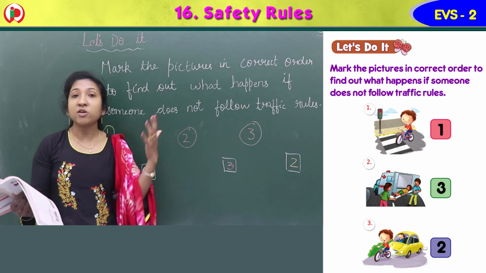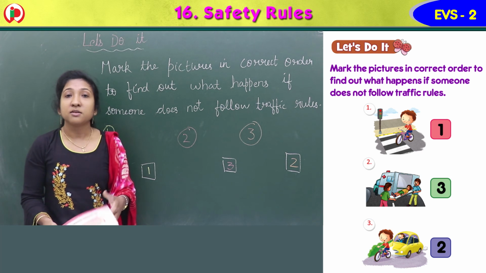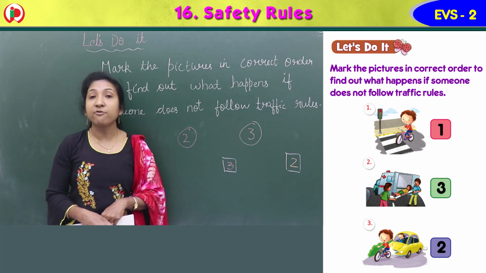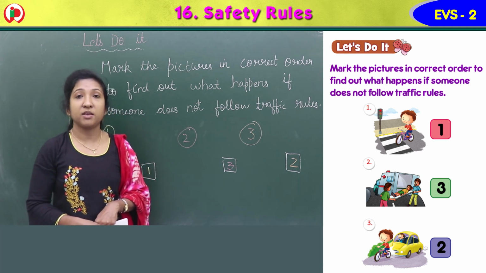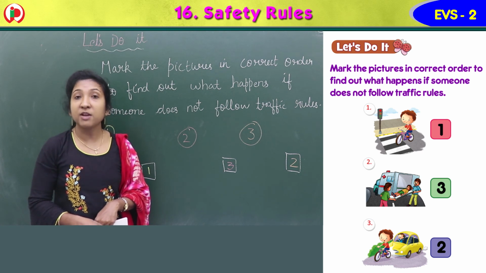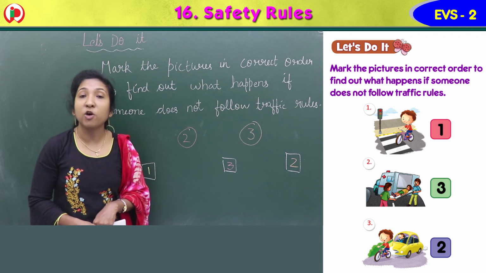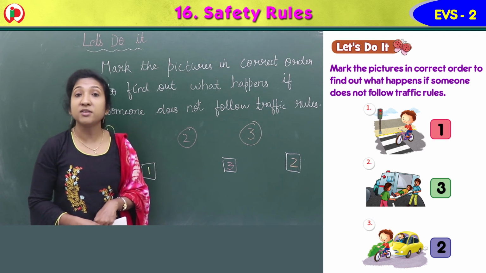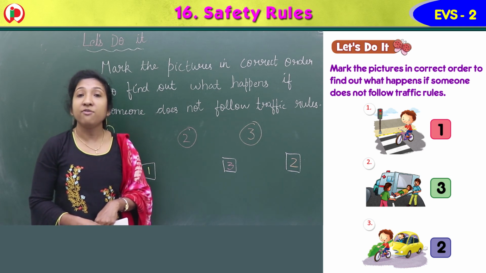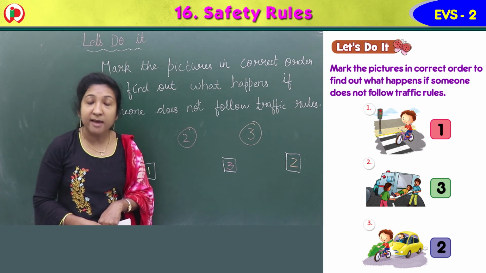So we should always follow the traffic rules on the road. Even if we are on the road, in a vehicle, at home or school, wherever, we should follow the rules. So traffic rule is a must, children. When you are on the road, you should be very careful.